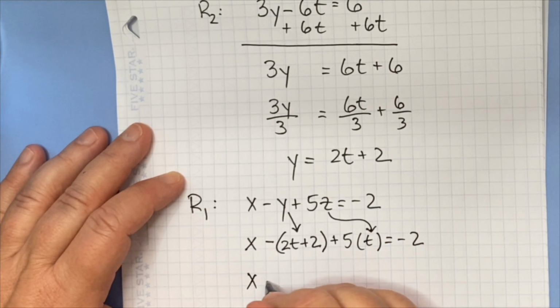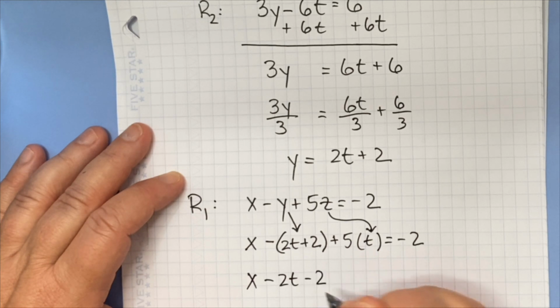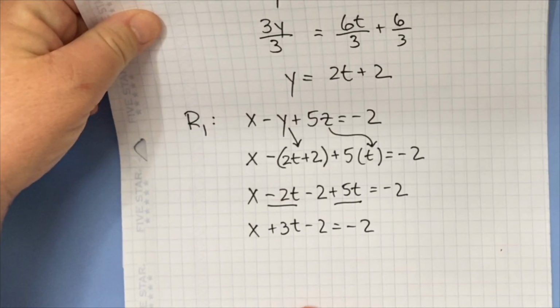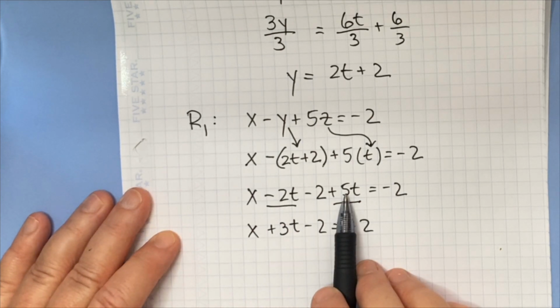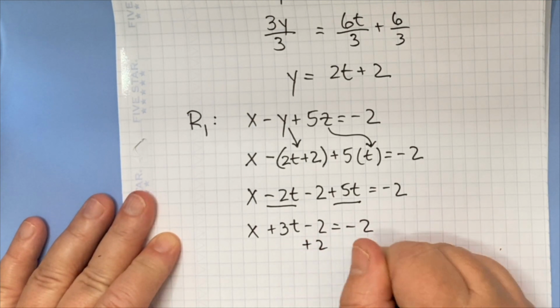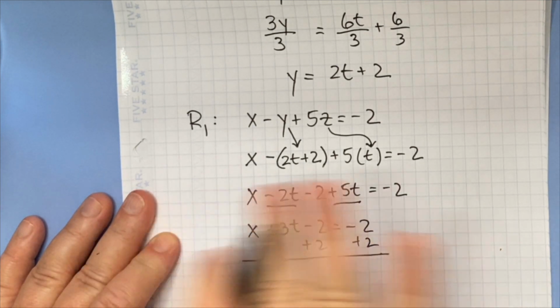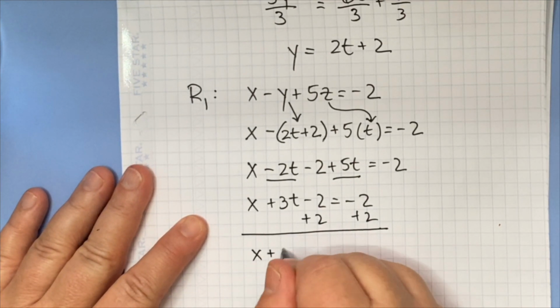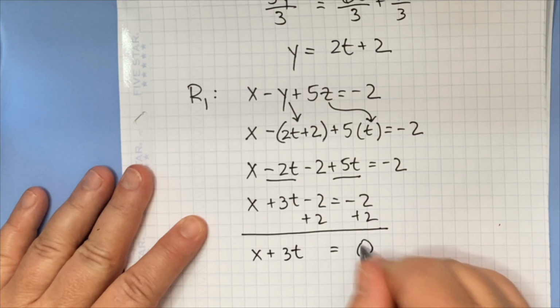Okay, so this is x minus 2t minus 2 plus 5t equals negative 2. So x, I'm going to combine the t's, plus 3t minus 2 equals negative 2. Oops, again, I ran out of space. Sorry about that. So I'm going to combine the t's and get plus 3t, and then minus 2 equals negative 2. Add 2 to both sides. So I'm going to move everybody over to the right, solve for x, and I get x plus 3t, and it turns out it's really convenient because it's 0.